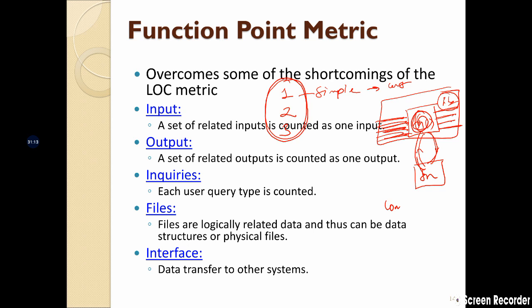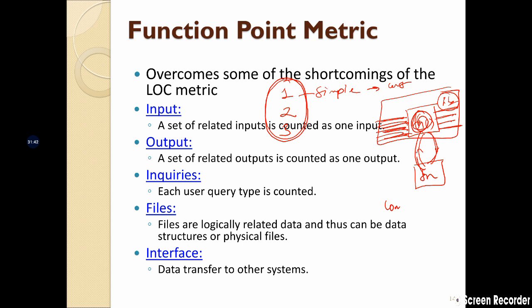Even interfaces are a connection between two systems, right? Interfaces are only used to exchange data. So the number of parameters that you're exchanging can add complexity to it. If you're sending only two data from one system to another system, we can say that the interface is simple and the effort can be less.